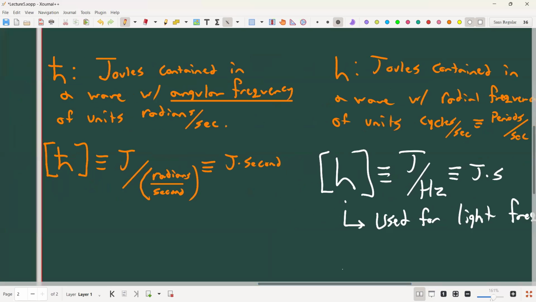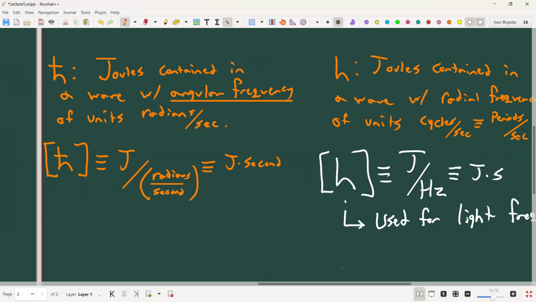And H bar is more useful for momentum. Because we're going to learn angular momentum eventually, because we're going to have an electron orbiting a proton in a hydrogen atom, we're going to have to think about its momentum in an angular sense because it's orbiting. Some angular momentum. And that's going to be measured in terms of radians per second, right? The angular frequency is radians per second.